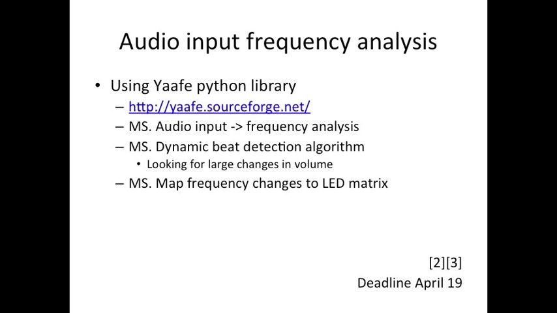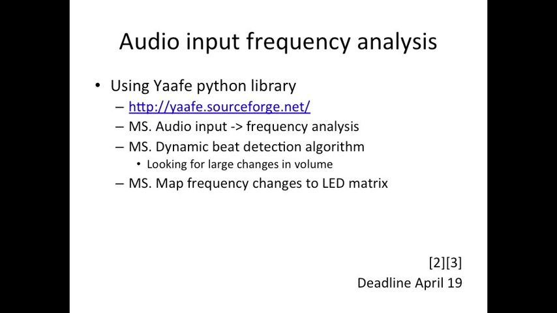The next step in this process is performing the frequency analysis on the audio input. We're going to be using the YAAFE Python library, which is an audio features extraction tool. We're going to be taking the audio input and performing a frequency analysis, and that will give us a graph similar to the one we saw before of the frequency spectrum of the audio file.